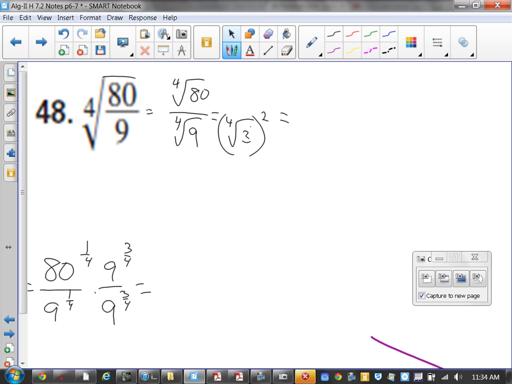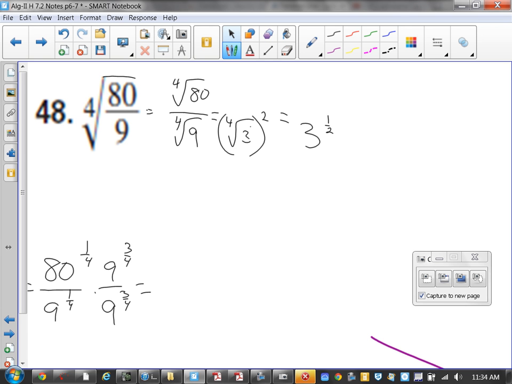Which is 1/2. So you get 3 to the half there. We okay on that? That's not the whole problem. Let's just do the 9. I'm just working with the 9 right now.